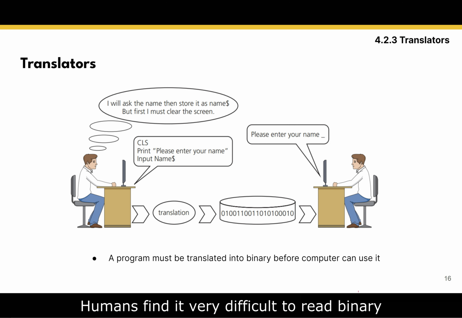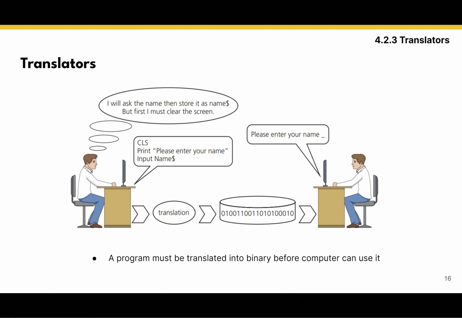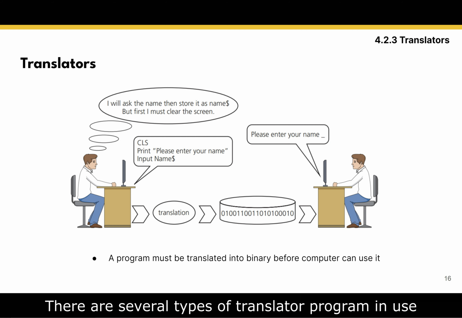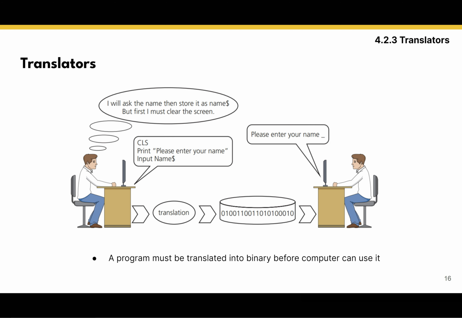Humans find it very difficult to read binary, but computers can only perform operations written in binary. A program must be translated into binary before a computer can use it. This is done by a utility program called a translator. There are several types of translator programs in use. Each one performs a different task.